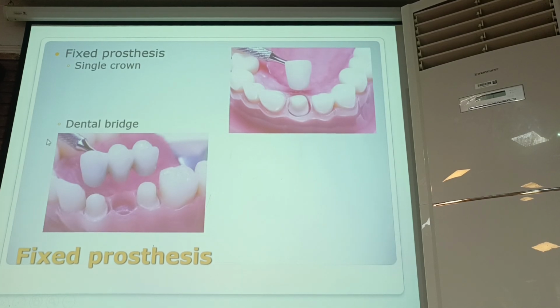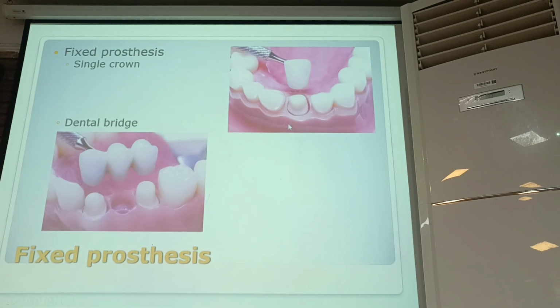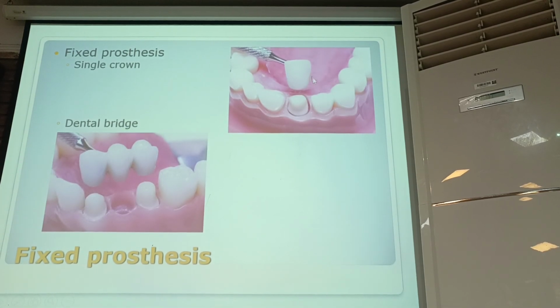You can see here fixed prostheses. If we have just one carious tooth, we can rehabilitate or restore it with a single crown. The material is porcelain here. And also we have the dental bridge. It is also fixed.